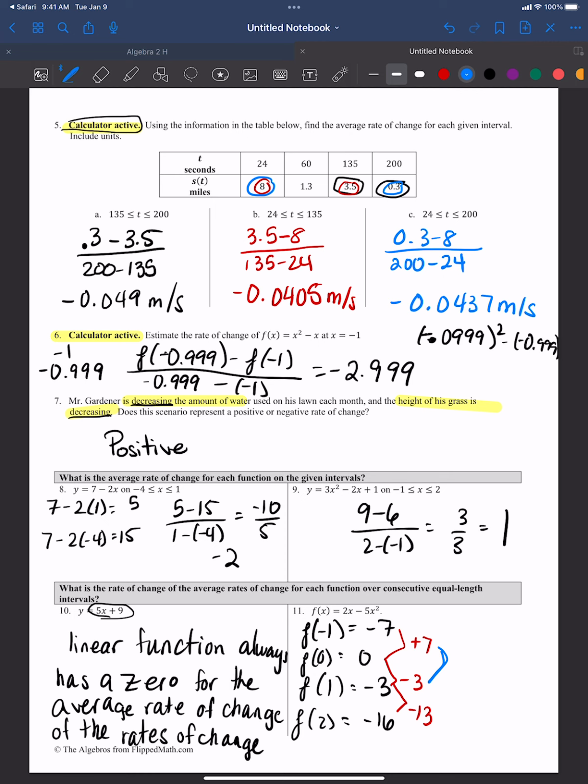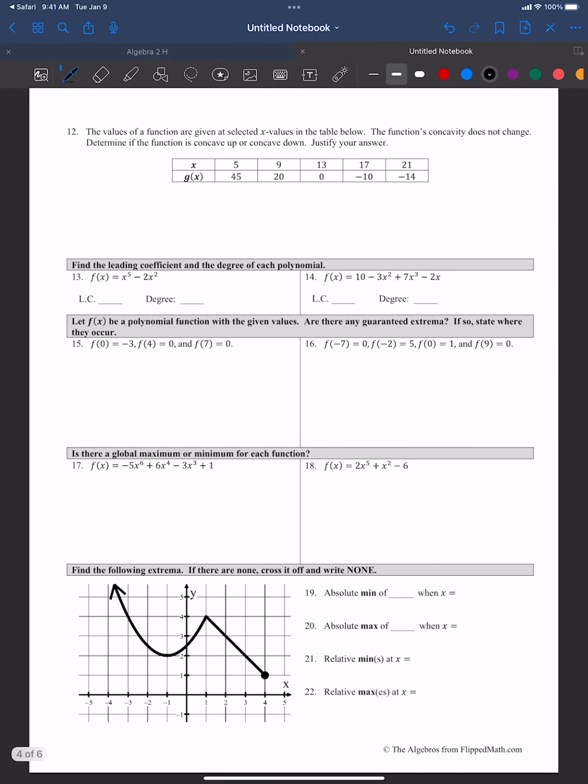From plus 7 to negative 3, that is a negative 10. And from negative 3 to negative 13, that is a negative 10. So the rate of change is changing consistently by negative 10. So negative 10 is actually your answer for that question. So number 12.